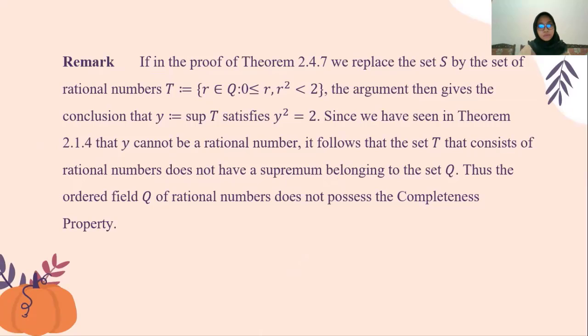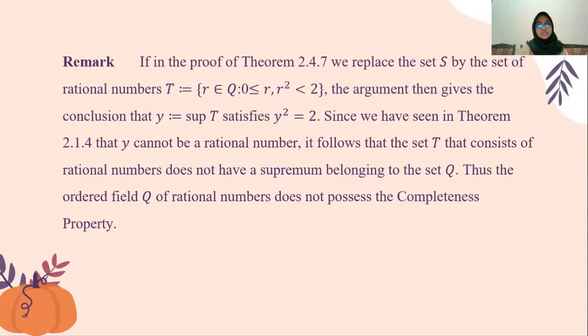Remark: if in the proof of theorem 2.4.7, we replace the set S by the set of rational numbers T defined by r ∈ ℚ, where 0 ≤ r and r² < 2, the argument then gives the conclusion that y defined by sup T satisfies y² = 2.